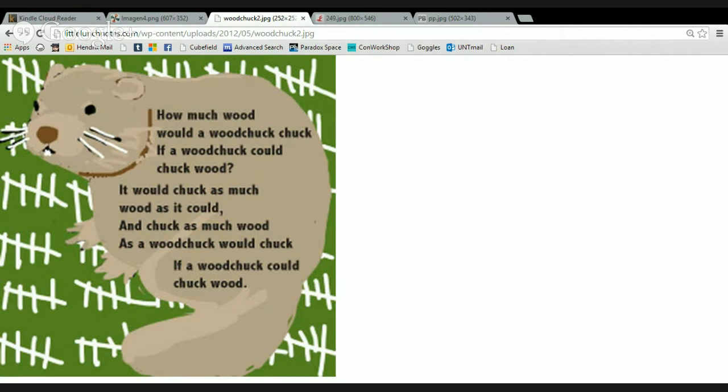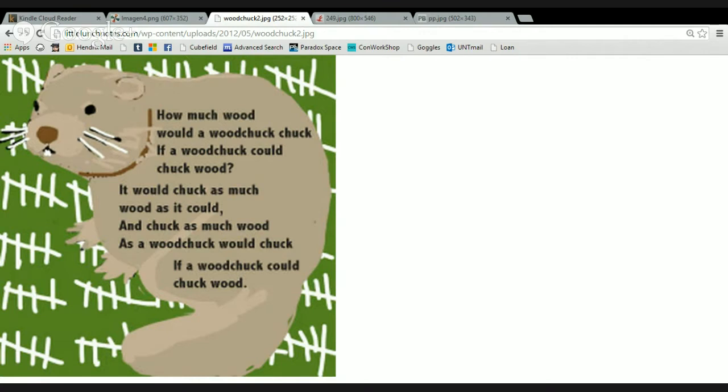It would chuck as much as it could, and chuck as much wood as a woodchuck would chuck if a woodchuck could chuck wood. So the real key to this one is the vowel, that short U sound, and you find it in wood and would, which are both pronounced the same, even though they're spelled differently.